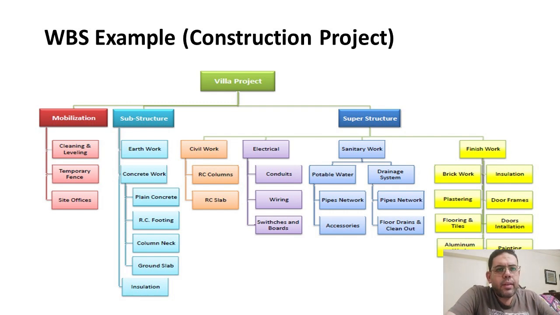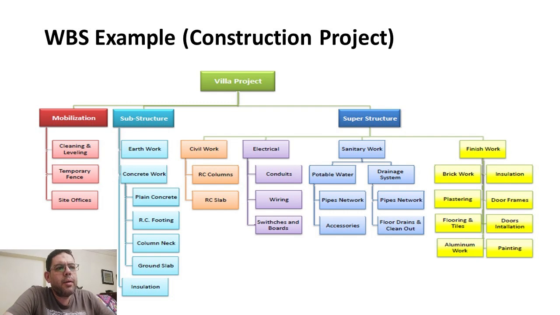Maybe all the competitors in the bidding phase are submitting the same WBS with pricing for each task and subtask and so on. So until now, we are talking about the traditional way of project management.